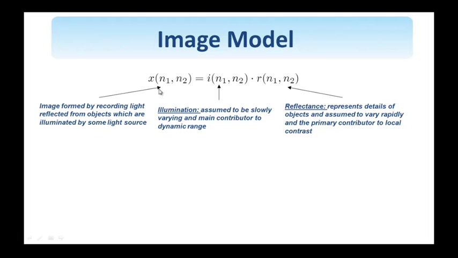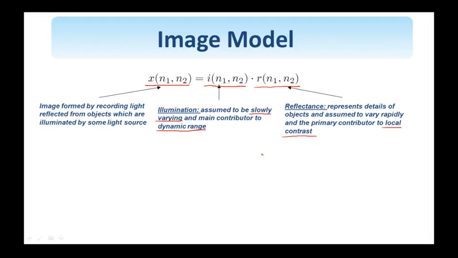We model a given image x as the product of two terms, the illumination term, i(n1,n2), which is assumed to be slowly varying, a low frequency term, and contributes mainly to the dynamic range. And this is multiplied by the reflectance, which represents the details and is therefore rapidly varying, and is the primary contributor to the local contrast.